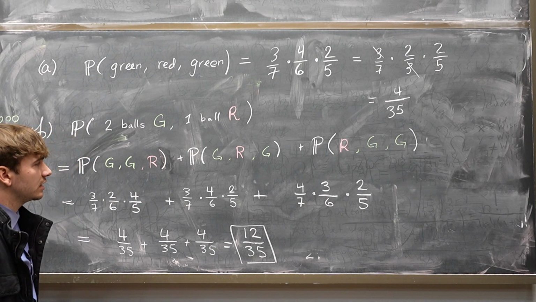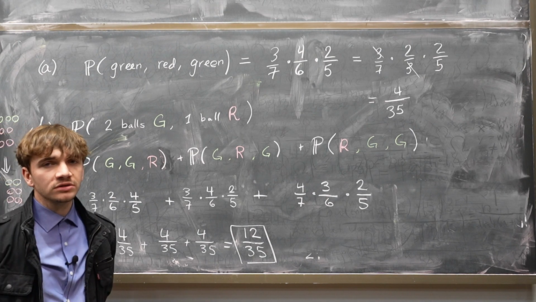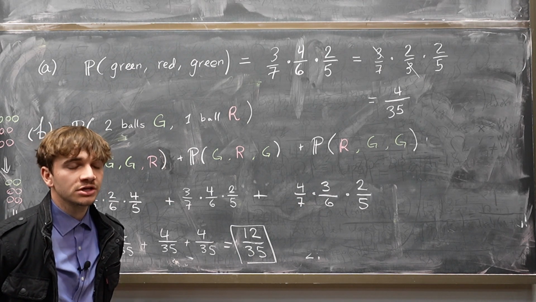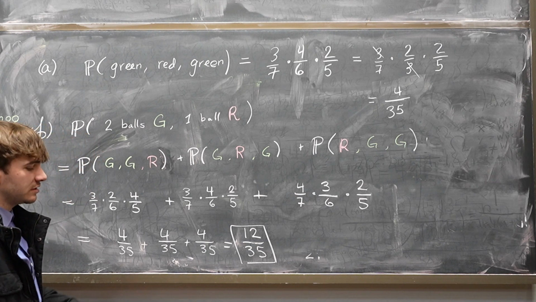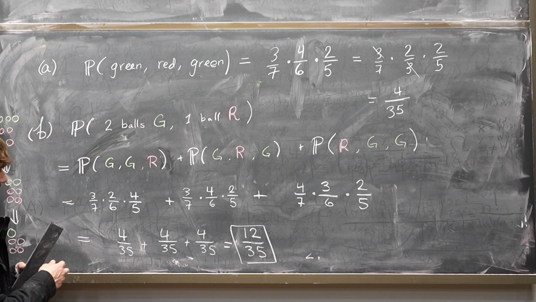But in some sense, the green balls and the red balls are disjoint from each other. So when I choose a red ball, this is just this number at the numerator here.